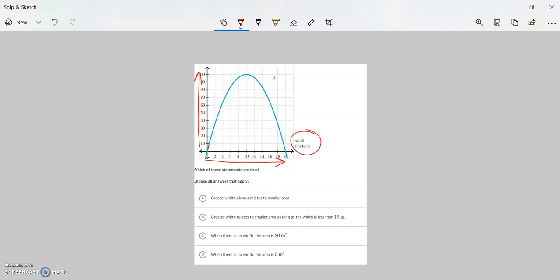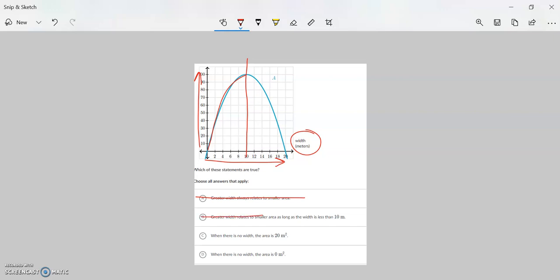That's not true, because from here all the way to this point, at 10, our area is increasing. After our width gets bigger than 10, it starts to decrease. Greater width relates to smaller area as long as the width is less than 10 meters.